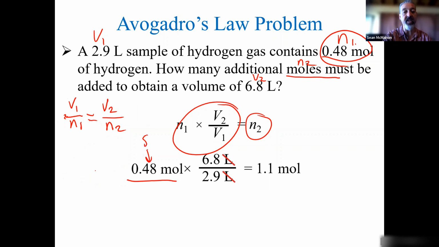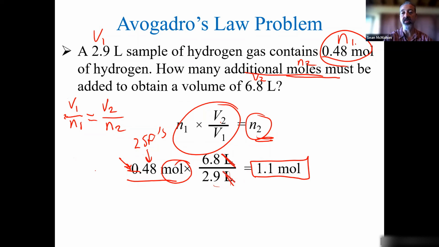This is 2 sig figs. Why is that? This is a leading zero. Leading zeros never count as significant. And then I have the 6.8 liters, which is my V2, and the 2.9 liters, which is my V1. And I'm left with 2 sig figs, 1.1. The liters units cancel. I'm left with moles, which is what I want.